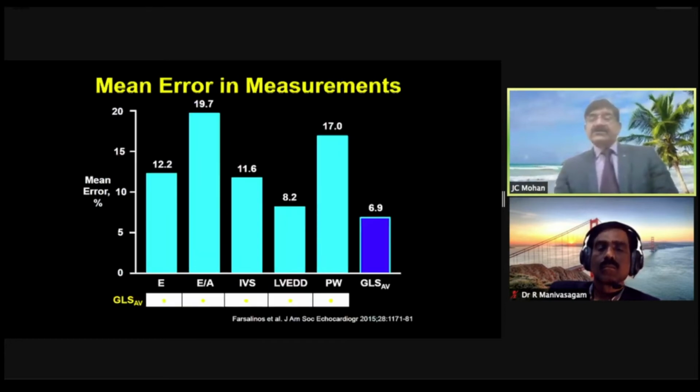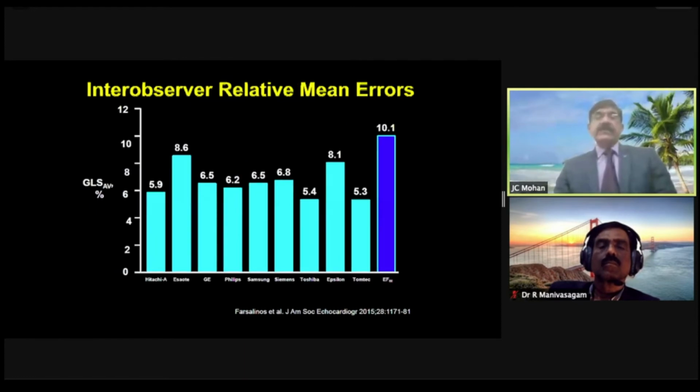The data also suggests that the mean error of global longitudinal strain is lowest amongst all parameters of echocardiographic examination, including mitral E, E/A, the left ventricle diastolic dimension, and of course the transmitral flow pattern.